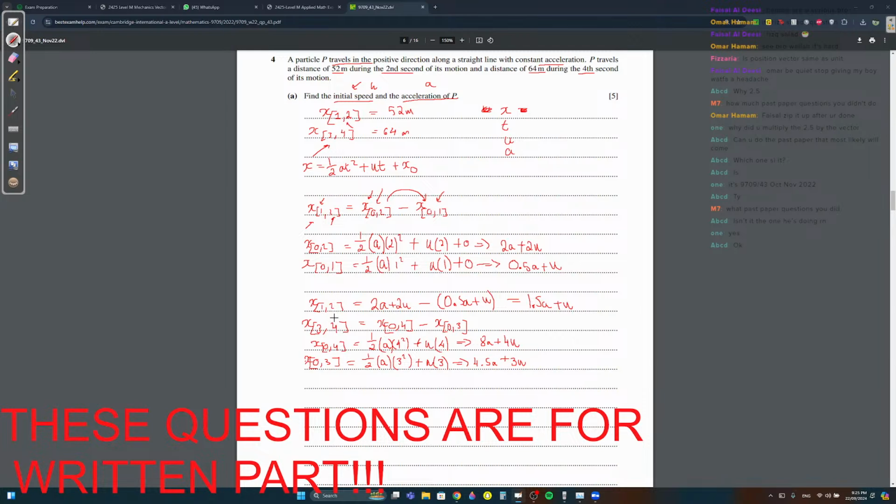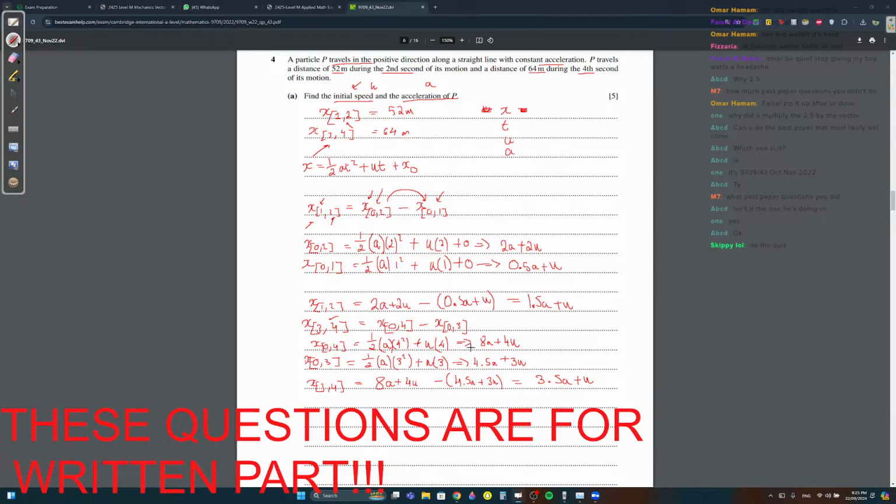We know that x in 3, 4 is equal to 0, 4 minus 0, 3. So x in 3, 4 equals this 8a plus 4u, minus 4.5a plus 3u, which is equal to 3.5a plus u.